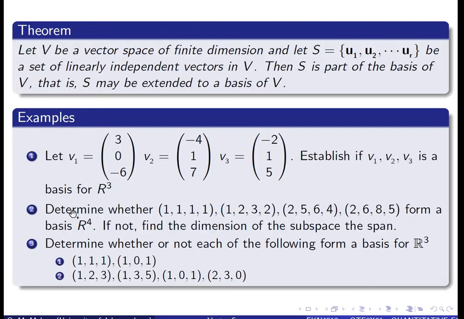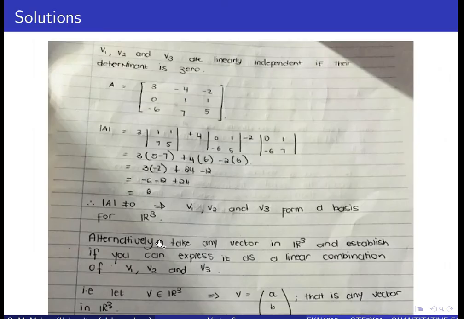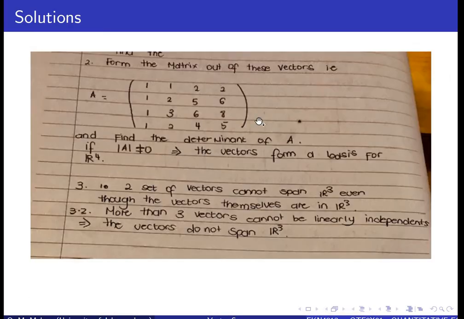So here we have to determine whether these 4 vectors in R4 form a basis for R4. Likewise, we're going to form a matrix out of these vectors. This is just a guide solution. You form the matrix out of these vectors and find the determinant.